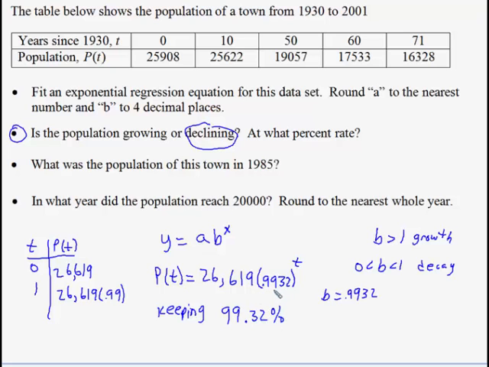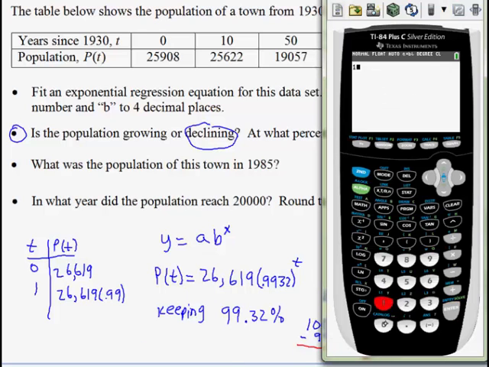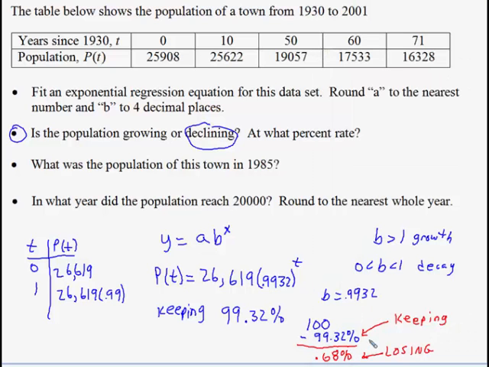Converting this b value to a percentage, you move the decimal to the right twice, and keeping 99.32% means the same thing as losing the percentage you'd get if you took 100 and subtracted 99.32. If you need help with that, you could go to your calculator, type in 100, and subtract off 99.32%. And if you're keeping 99.32%, that means you're losing 0.68%. Let's go back over here, and you can see that here.